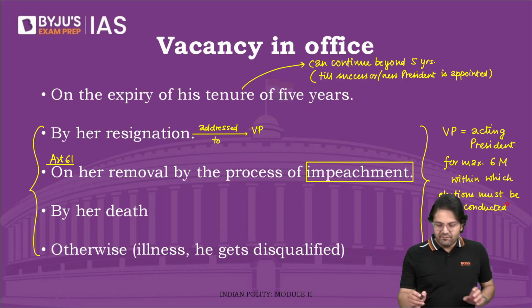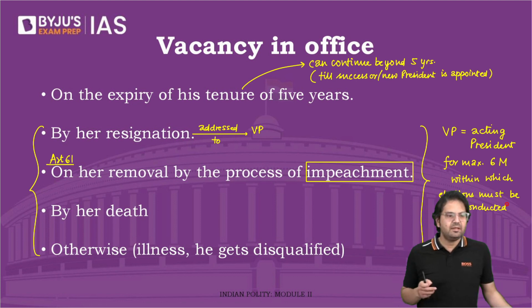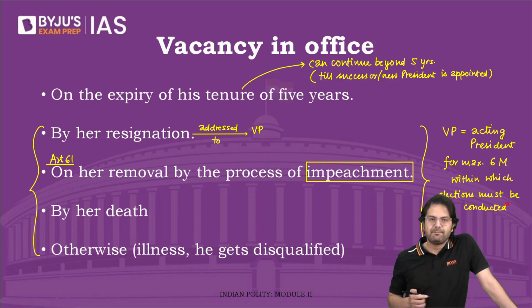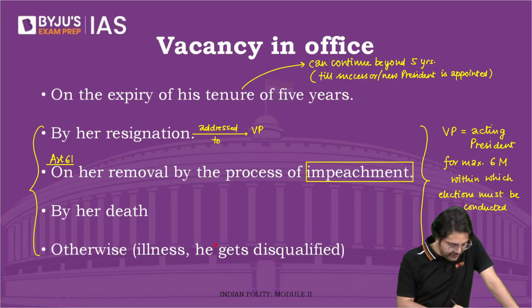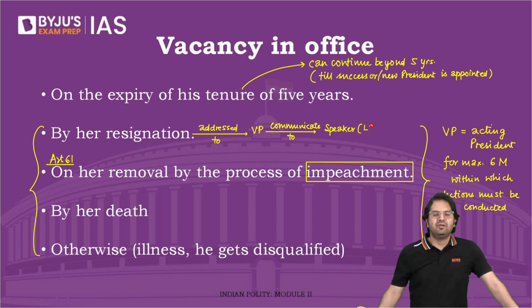Now, as I said, when the VP receives this particular intimation that the president is resigning, before you start partying and all, that yes, I'll be the president for 6 months, you have to immediately inform, communicate to the Speaker of the Lok Sabha that the president has resigned.